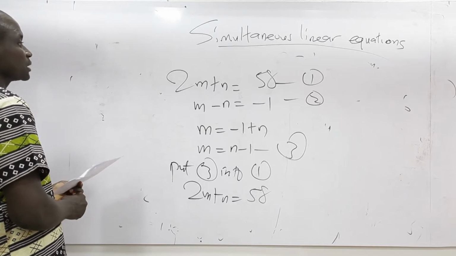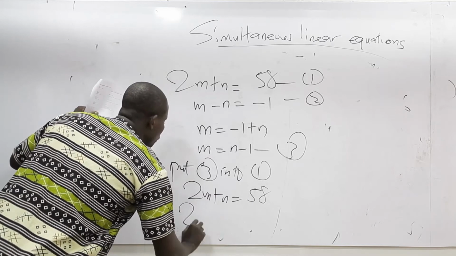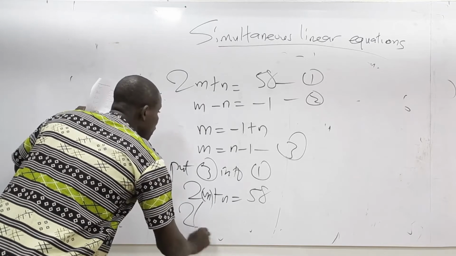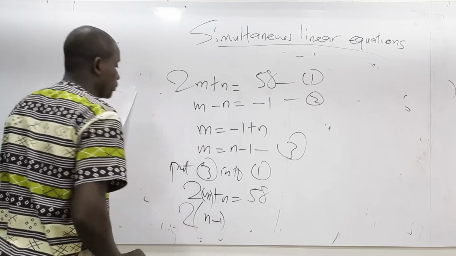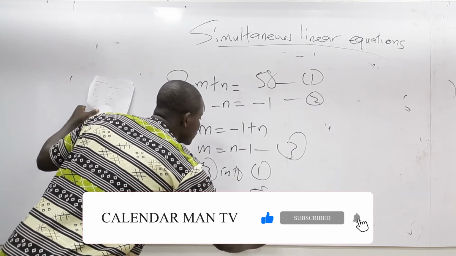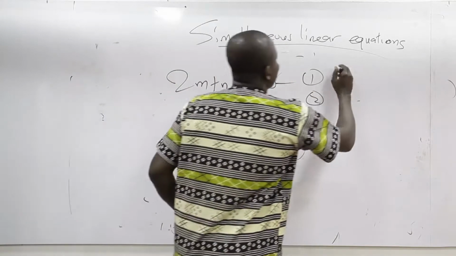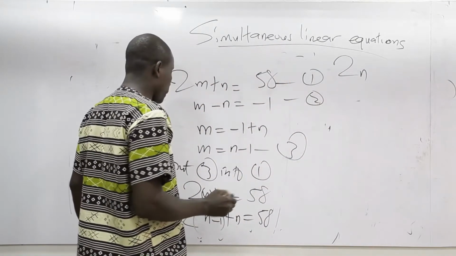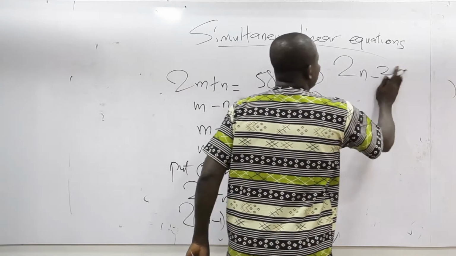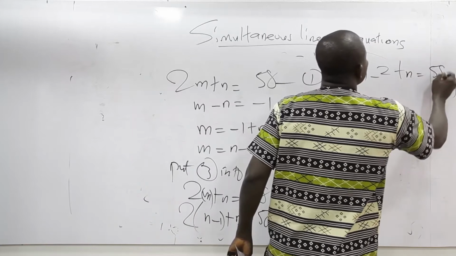So if that's the case, then whenever we see m, you just bracket the m. And what is m? M is n minus 1, okay? Then plus n is equal to 58. So if you are to solve it, then we are going to have 2n minus 2 plus n is equal to 58.